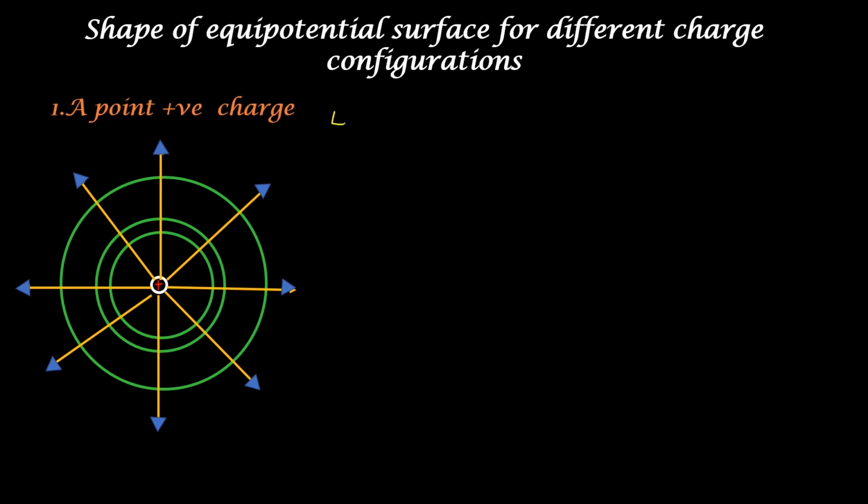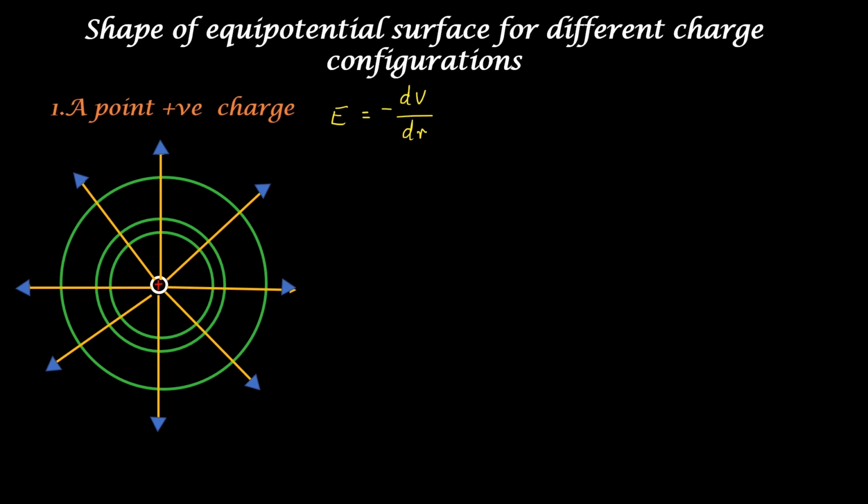You already know the relation between electric field and potential difference. Electric field is equal to negative dV by dr. If you need the derivation for this expression, please comment in the comment box. From this expression, it is clear that when dr, the distance of the location from the charge, increases, electric field decreases.